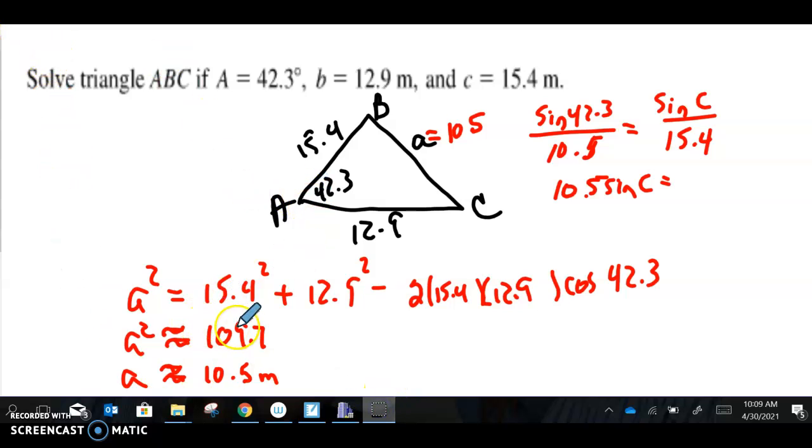So we got what A squared equals and what A equals using the law of cosines. And now I'm using the law of sines to get this answer. You get the sine of C equals that divided by 10.5.